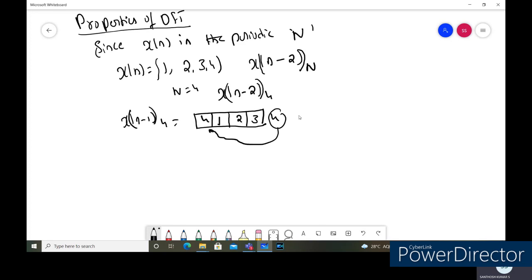So the sequence becomes 4, 1, 2, 3. This kind of shift we call a circular shift, since we are shifting a periodic sequence towards the right side.